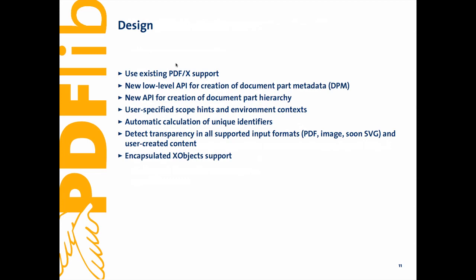I'll spare you the details. I'll mention them when we come to the relevant slides. An important building block was the detection of transparency, because they are very important for the creation of encapsulated XObjects, and I'll talk about that later.